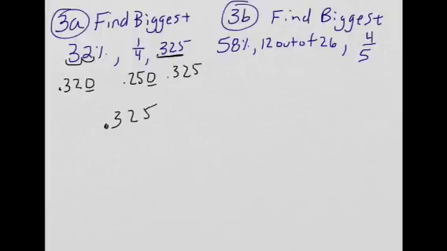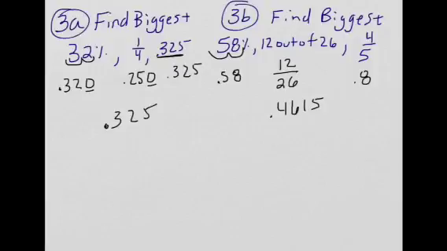So we're going to do the same thing. We're going to take 58 and change it to a decimal. So that's going to be 0.58. You can do that on the DRP chart by simply moving your decimal 2 places to the left. 12 out of 26 means we take 12 and we're going to divide it by 26 on our calculator. And that's going to give us 0.4615 is actually what it comes out to be. And then the other one is going to be 0.8.